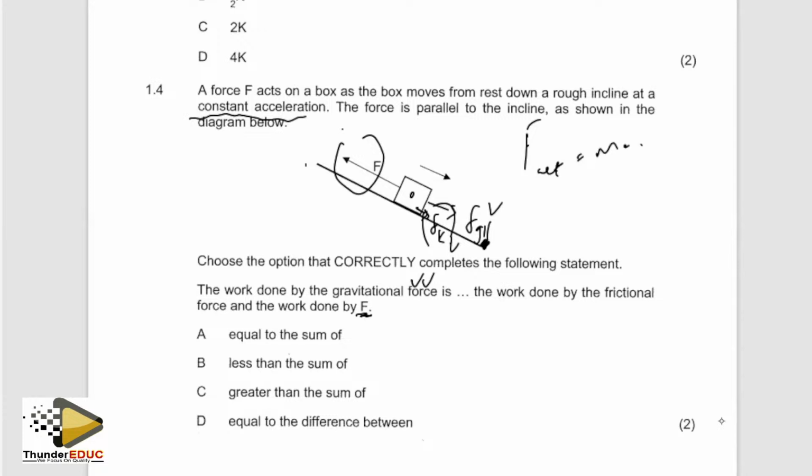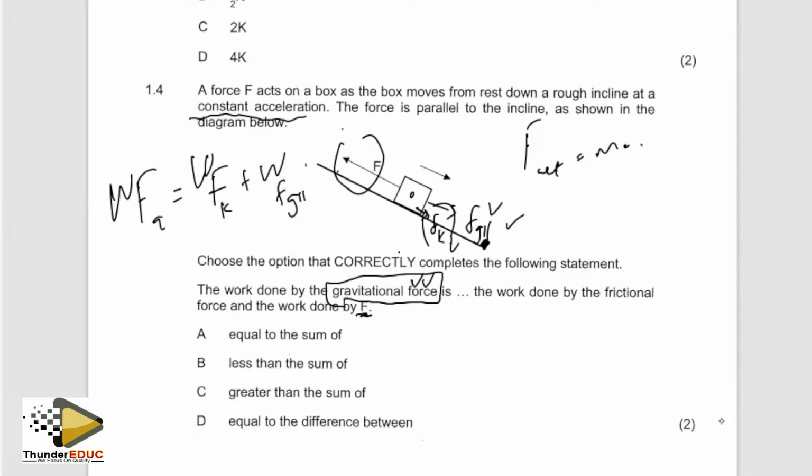The question is focusing more on the gravitational force, which means the work done by gravity must be the difference. So the force applied is equal to the work done by the frictional force plus the work done by F_g parallel. So the work done by the gravitational should be the difference between the force applied and that.